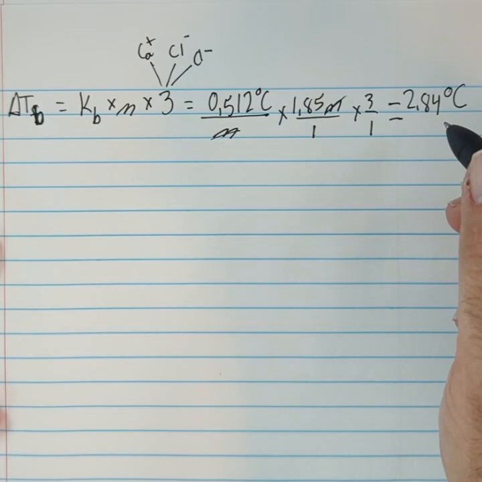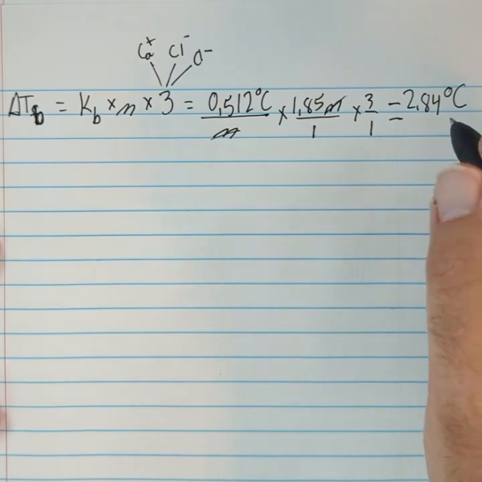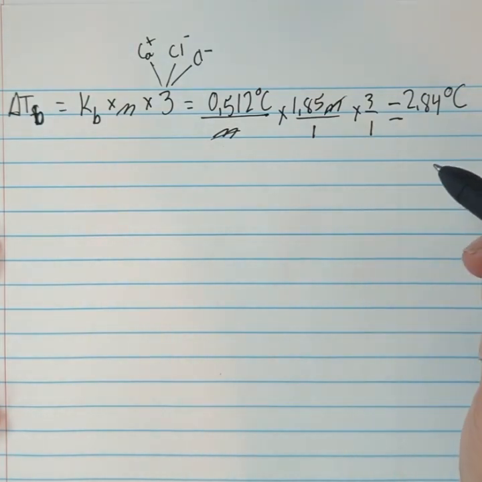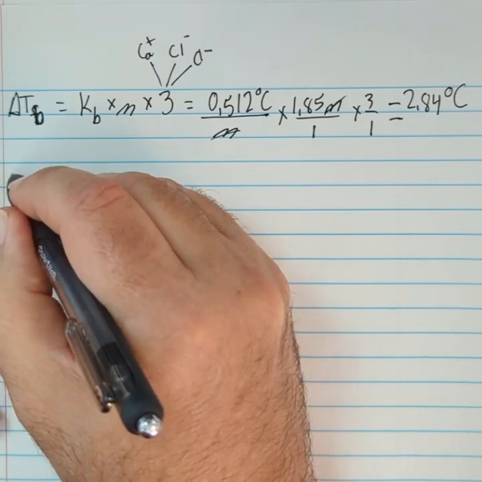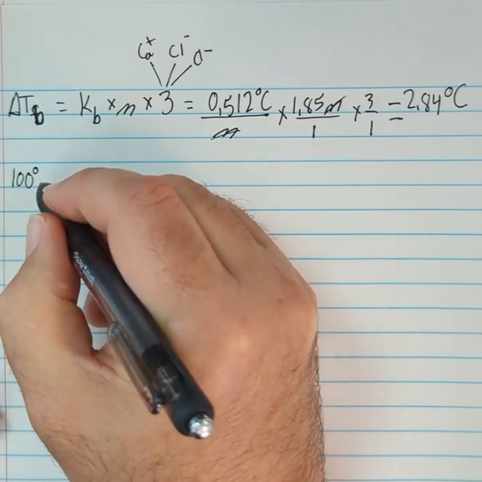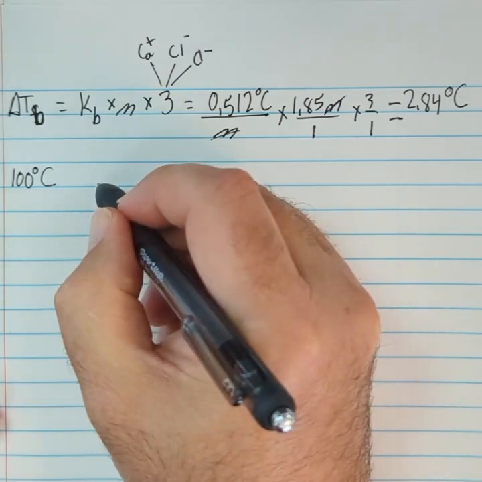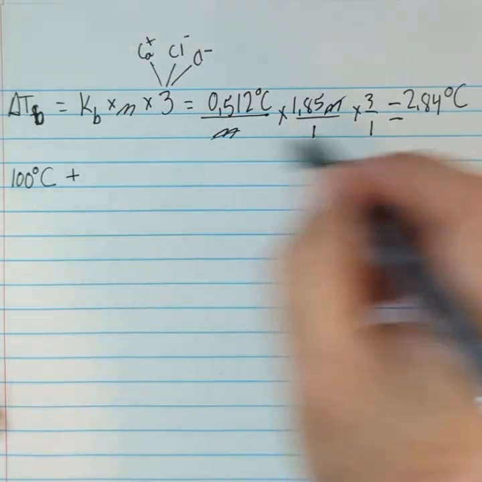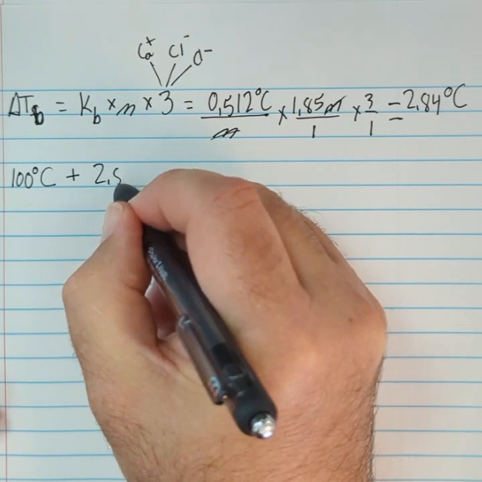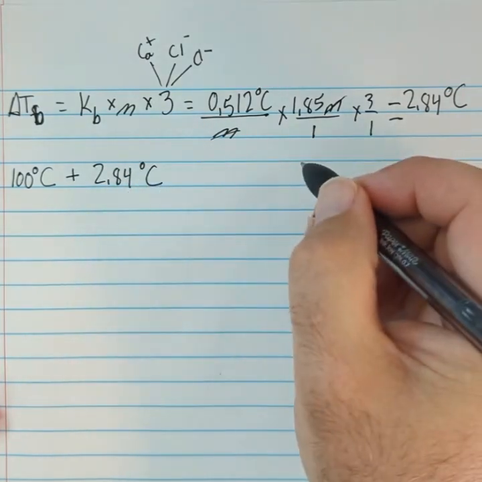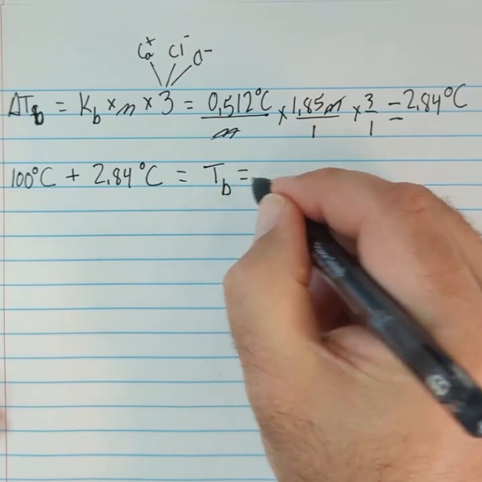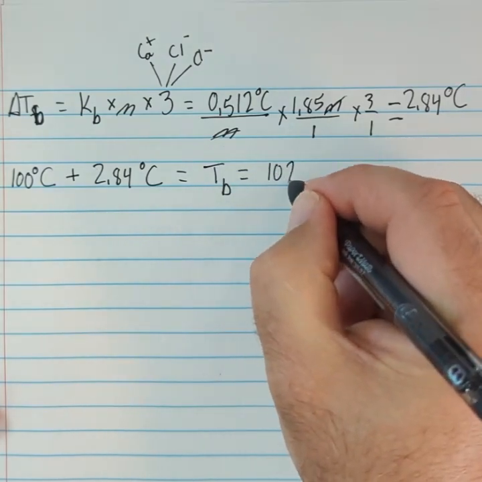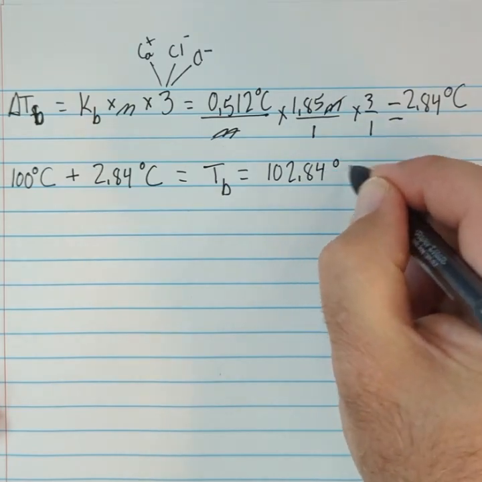The boiling point of water is 100 degrees to start with. So we take the starting boiling point, 100 degrees Celsius, plus the 2.84 degrees Celsius. That means the new boiling point, the Tb, is 102.84 degrees Celsius.